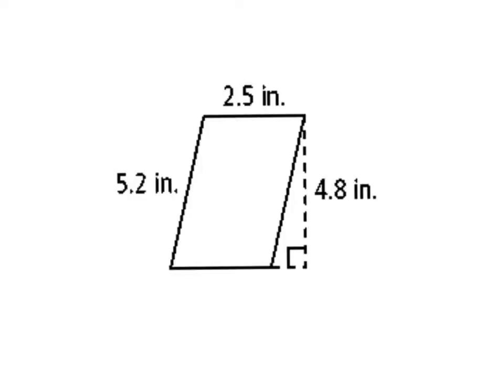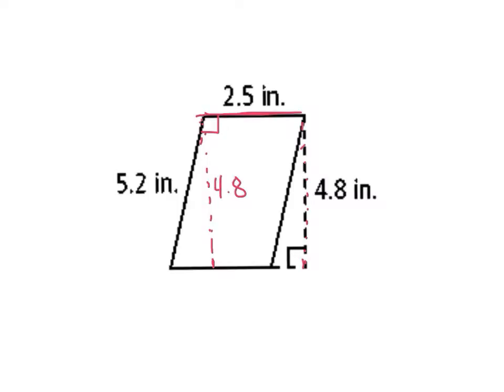Given this parallelogram, we're looking to find the area. This might look confusing at first because this 4.8 inches is outside the parallelogram. But that's the same length as this line that would be right here. That's also 4.8. So that would be the height. The base would be this 2.5 because that's going to make the right angle.